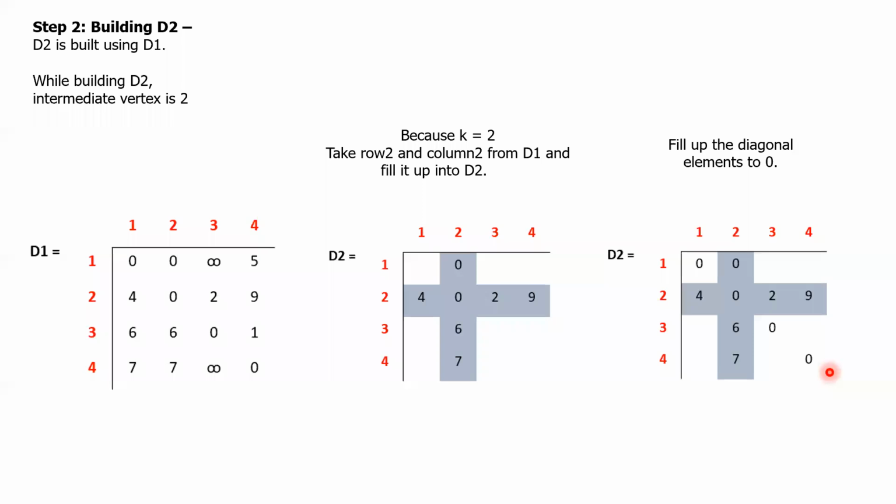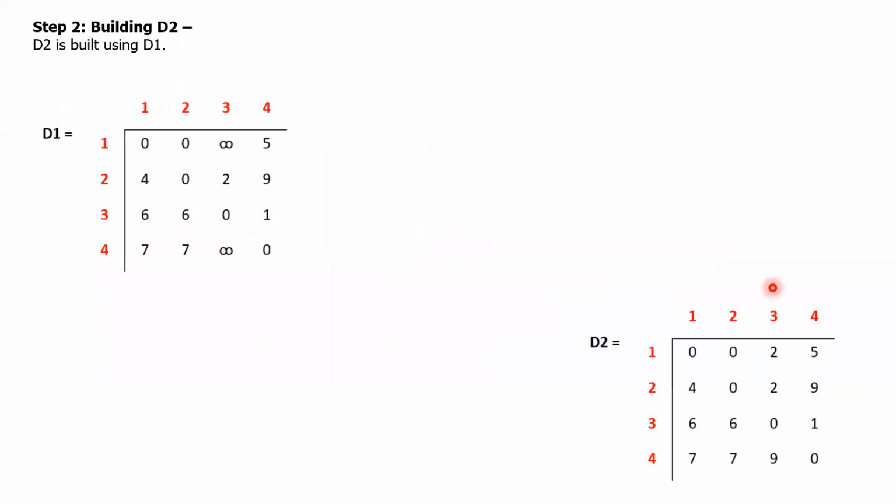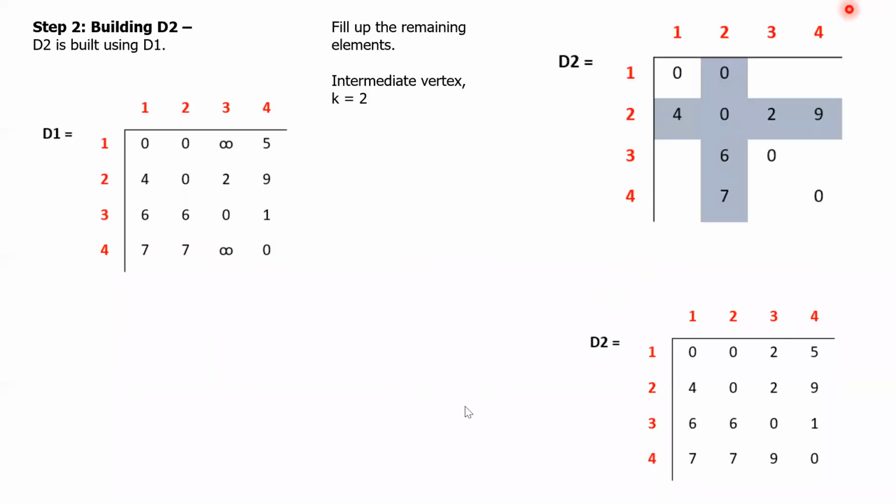Now fill up the remaining values from D1 to D2. So what are all the remaining values that are there? We'll see. I'll start filling up. I'll fill up this value, and that value is the distance between node 4 and node 1, and the distance between node 1 and node 3.